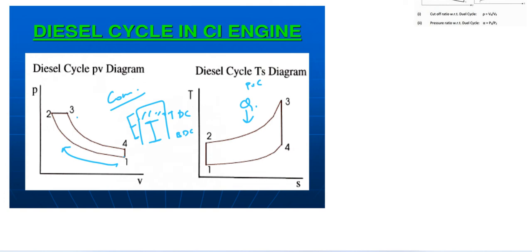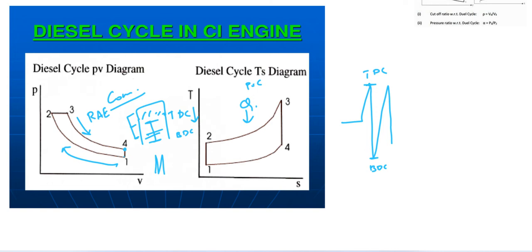Then 3 to 4 is called reversible adiabatic expansion, because the piston moves from top dead center towards bottom dead center and comes back to the original position. The piston moves up and down like this, once up, once down.